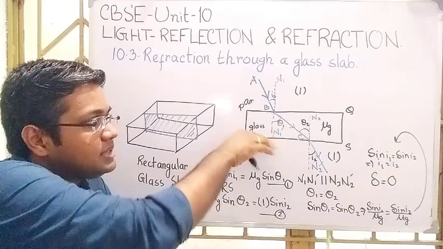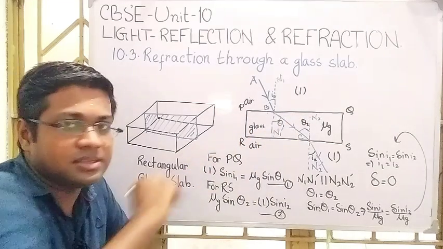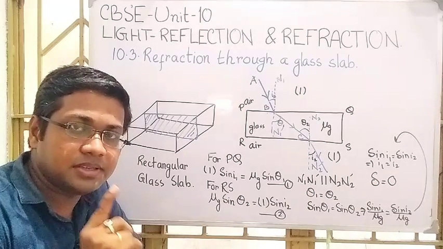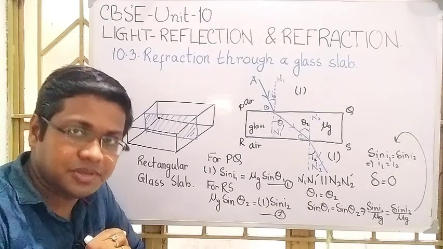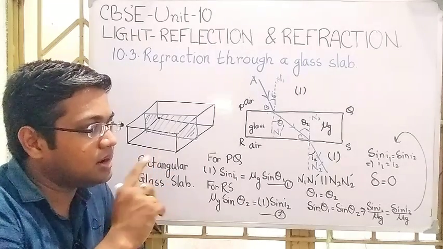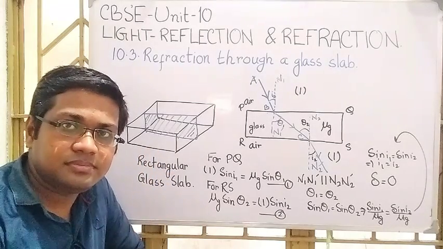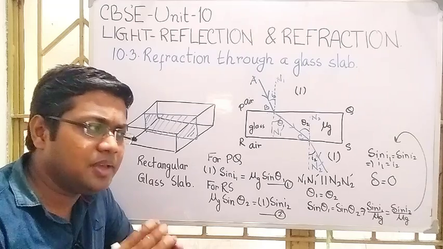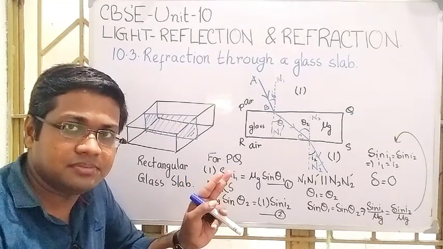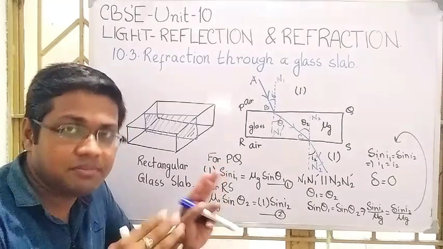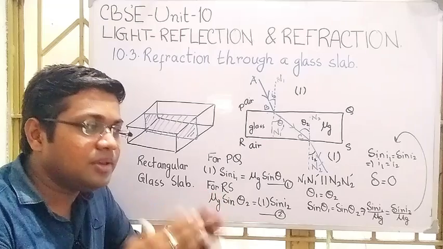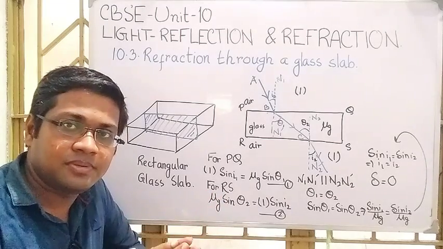But I want to draw one conclusion, which is the general one. If the two refracting surfaces, PQ and RS, are parallel to each other, then the angle of incidence and the angle of emergence are equal. It need not be the optical device or refracting medium we have considered here, a glass slab.